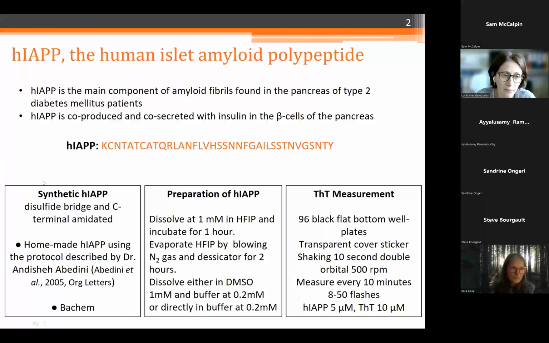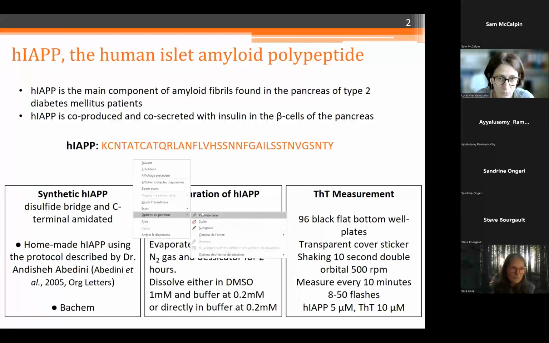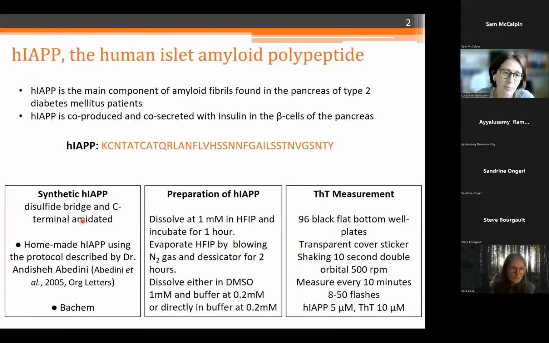And in my lab, we use a synthetic IAPP, which my student made by himself using the protocol described by Dr. Andisheh Abedini, or we bought it from Bachem.